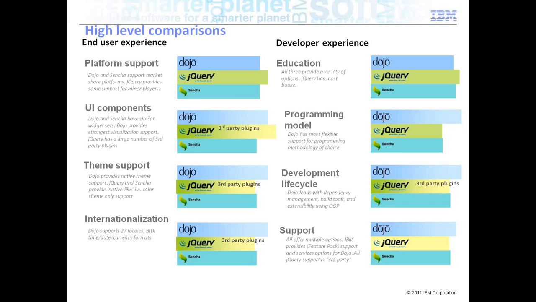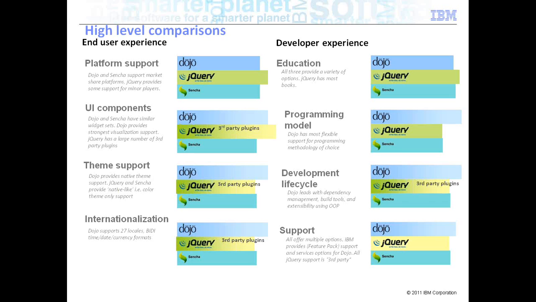When I have an application developed using a Dojo theme, the same theme would render differently in iOS and differently in Android, because that's inbuilt support. But with jQuery and Sencha, I might end up tweaking it, because it's just the color representation, not actual native support.